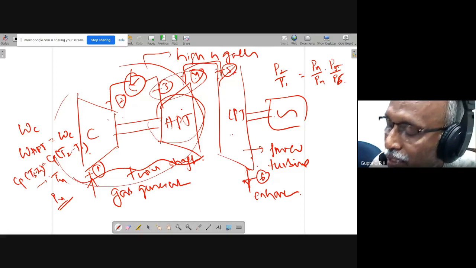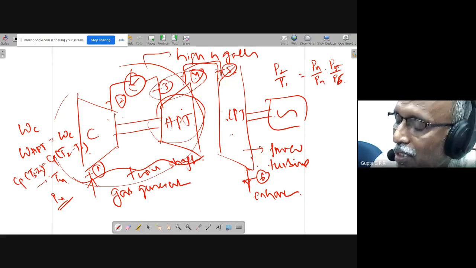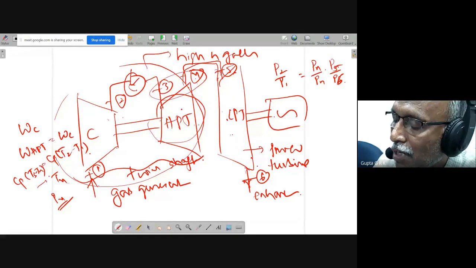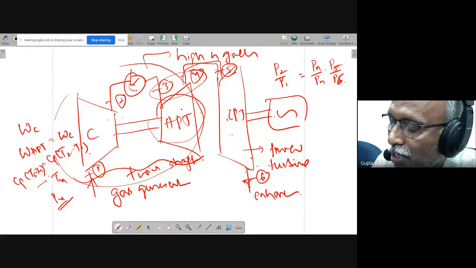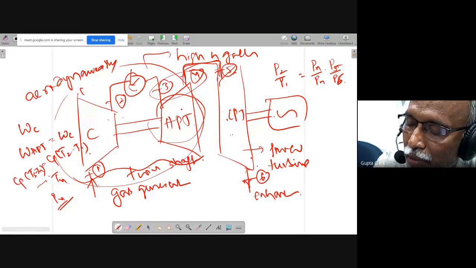Another thing here is that these two turbines, HPT and LPT, are called aerodynamically coupled. They are not mechanically coupled by any shaft, but they are connected by the air. So it is called aerodynamically coupled.